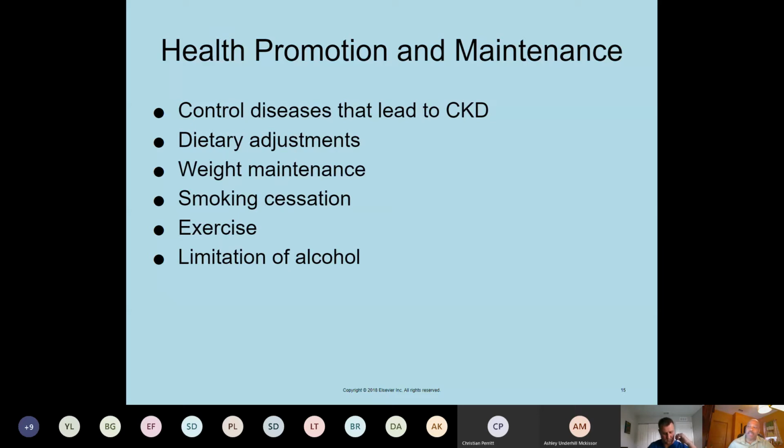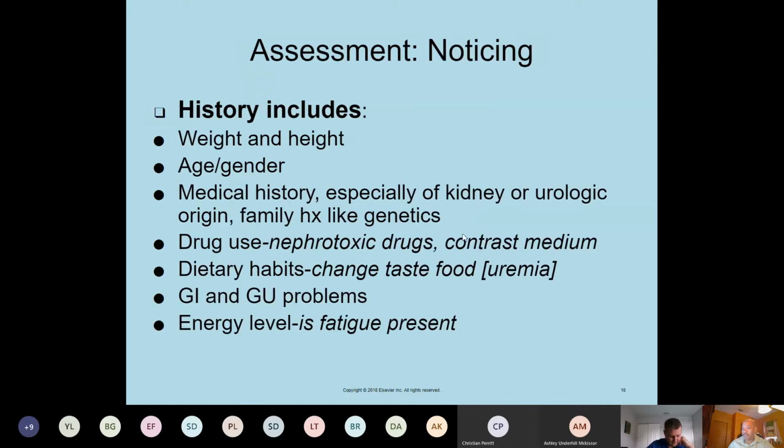For example, dietary adjustments such as restrictions of sodium and protein, etc. Controlling the disease by managing other comorbid conditions such as diabetes and hypertension. These patients should stop smoking. So this is pretty easy stuff for you to read and understand. So go ahead and read that. Pretty easy.